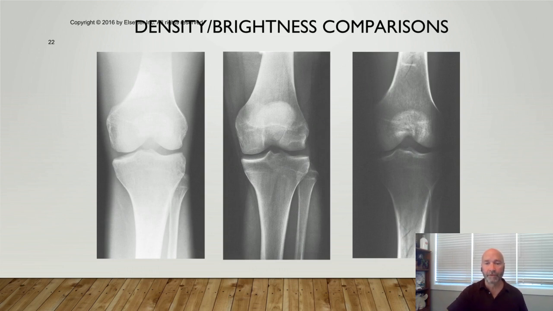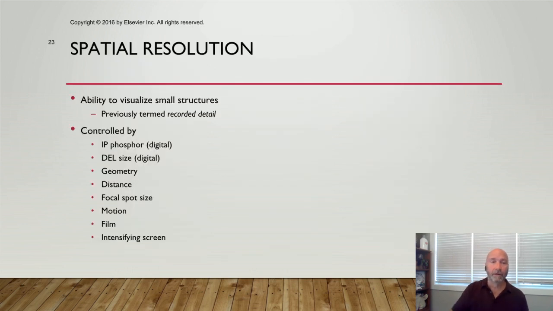As opposed to over here, things start to blend a little bit too much, and you start to lose some of the anatomy on the lateral portions of the knee. So what we see is our density is too low, our contrast is too high; this one is pretty close to optimum; and here our density is too high, and again, our contrast is low.